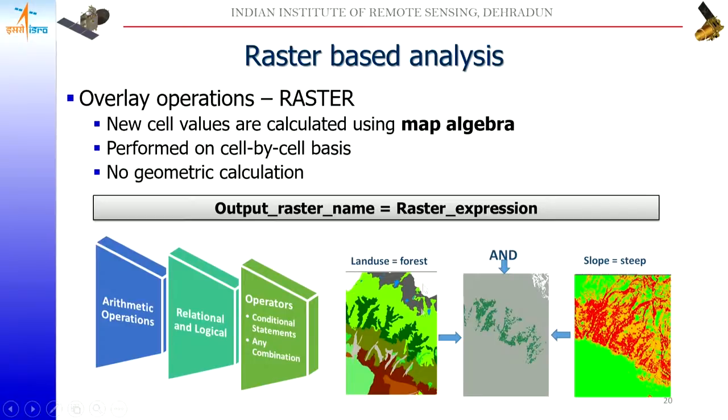It will extract the land use as forest from the first land use map and do an intersection, which means the output pixel should contain those areas where the land use is forest as well as the slope is steep. So I get a new output combining the two input layers of land use and slope.